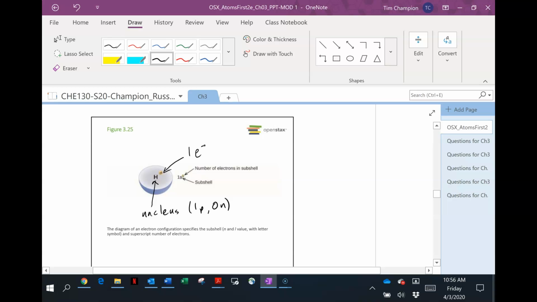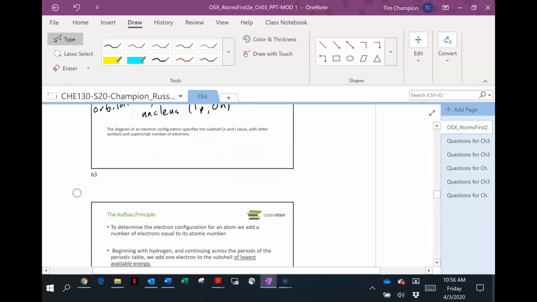In this cutaway version, this is the 1s orbital, that region in space where that electron is likely to exist. And so we write that as 1s1. The first 1 is the principal quantum number 1, the lowest energy level. The S is the subshell, and the superscript 1 is the number of electrons in the subshell.